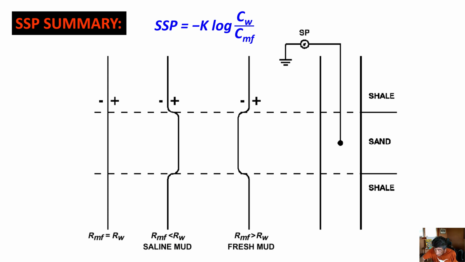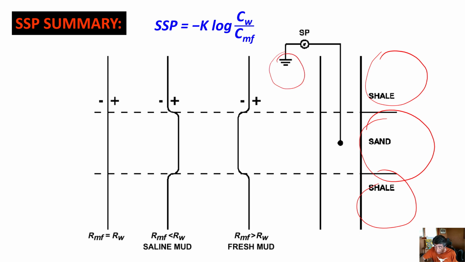All right. So in consequence, this is the situation we have in the field. If you have a shale here and you have a sandstone, porous and permeable, when we drop the electrode connected through a ground stake, then this electrode measures an electric field that is naturally, spontaneously developed in the borehole.